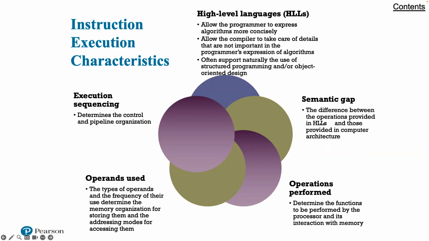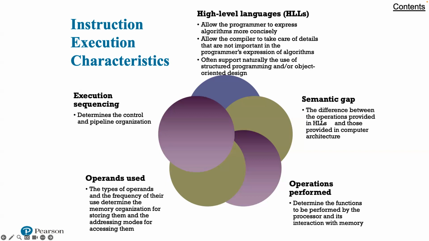The response from researchers in industry has been to develop ever more powerful and complex higher level languages. These high-level languages, or HLLs, one, allow the programmer to express algorithms more concisely. Two, allow the compiler to take care of details that are not important in the programmer's expression of algorithms. And three, often support naturally the use of structured programming and or object-oriented design.